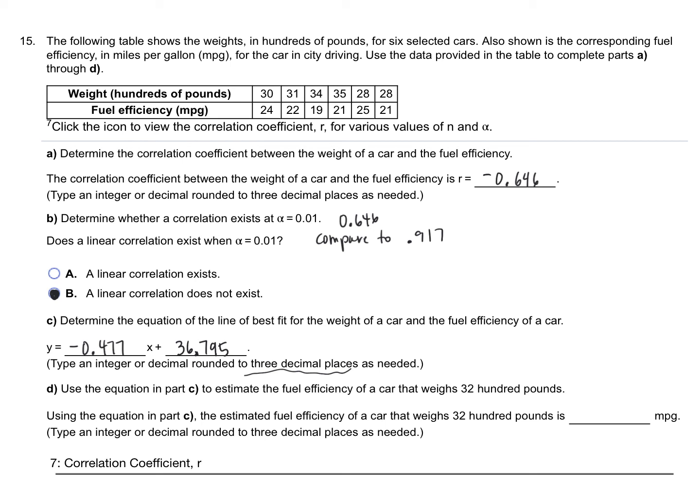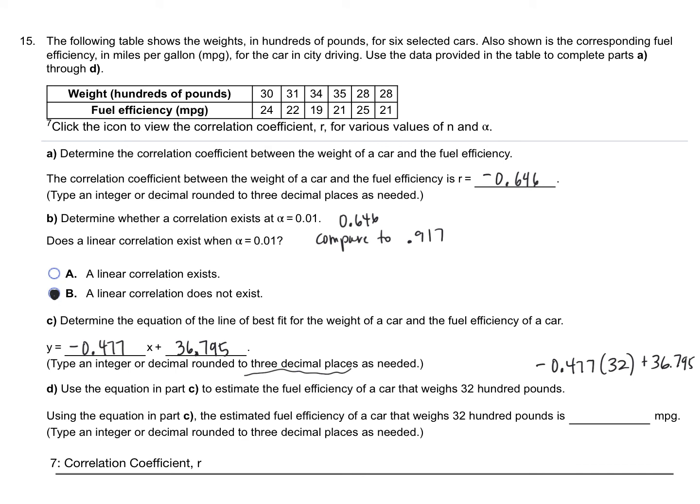Part D, use the equation in Part C to estimate the fuel efficiency of a car that weighs 3,200 pounds. So this 3,200 is going to be what X is. So X is already in hundreds of pounds, so you're just going to plug 32 in there. So it's going to be negative 0.477 times 32 plus 36.795.